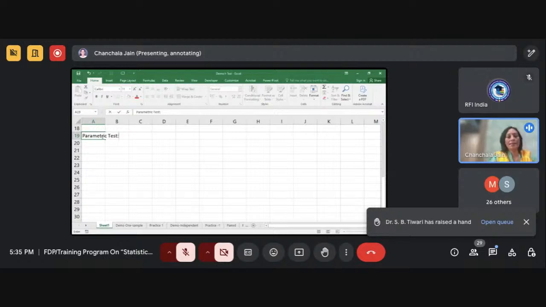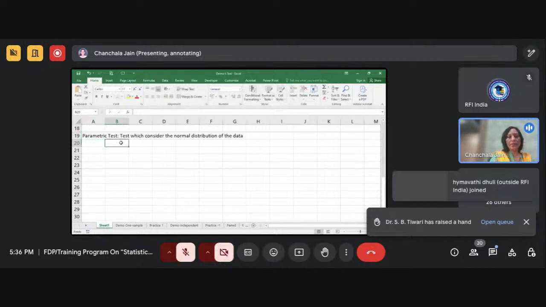So parametric tests are the tests which consider the normal distribution of the data.